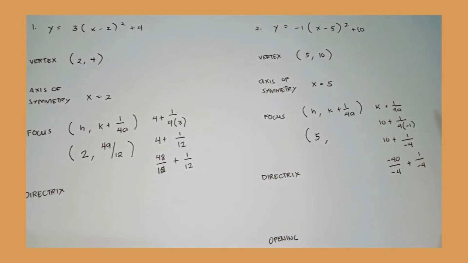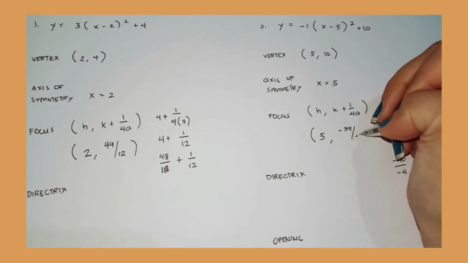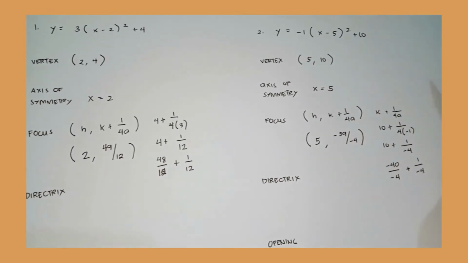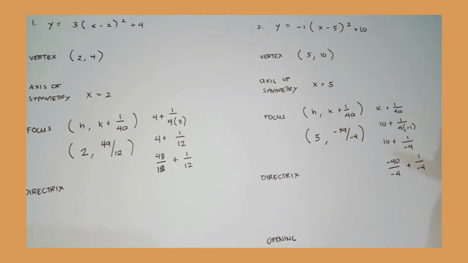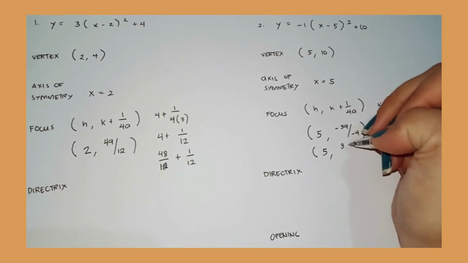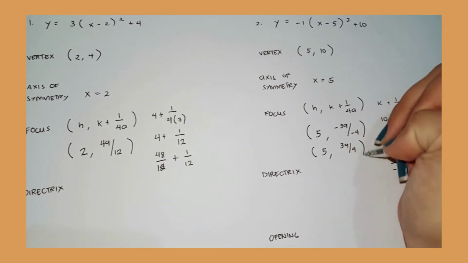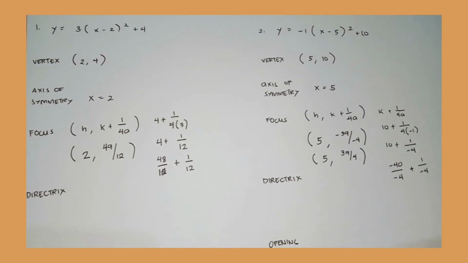Negative 40 plus 1, that is negative 39 over negative 4. Pero kung mapapansin ninyo, pareho silang negative. Pag parehong negative, magiging positive na siya. So, this will be (5, 39 over 4). This will be the focus of example number 2.